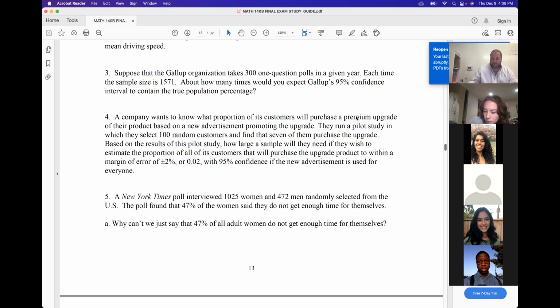The square root of P hat, well, 7 out of 100, my P hat is 0.07, times my 1 minus P hat of 0.93 over N. What is your p hat again? 7/100. All right. So 0.07, right?